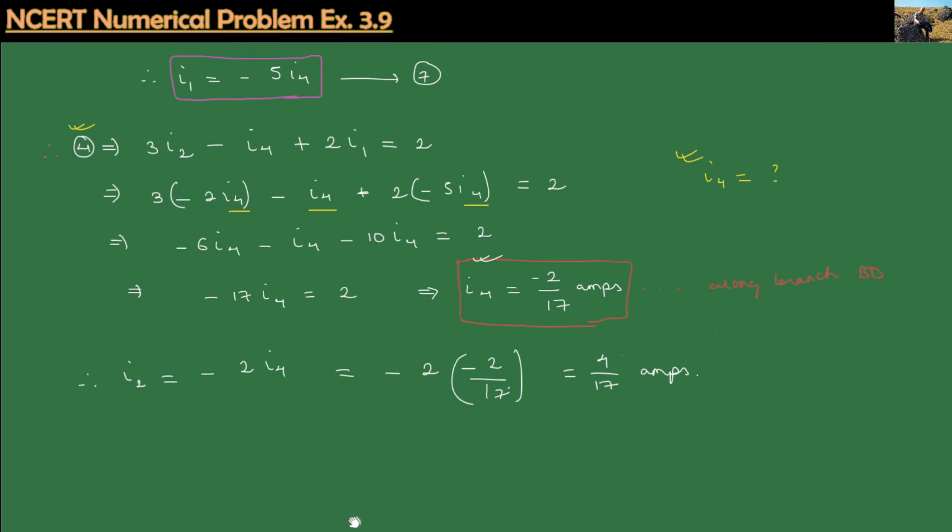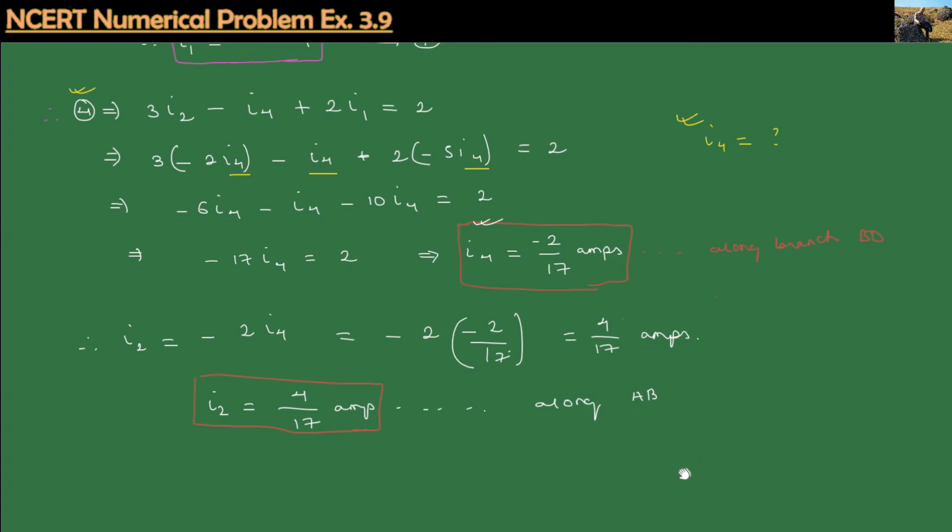So the current i2 is 4 divided by 17 amperes, and if you look at the figure, that current i2 will be along the branch AB.